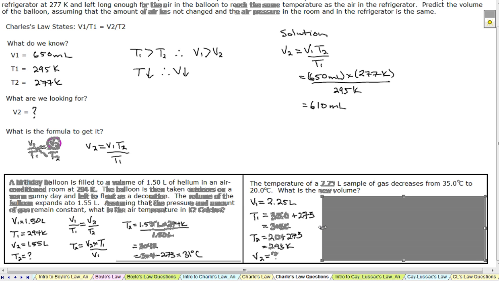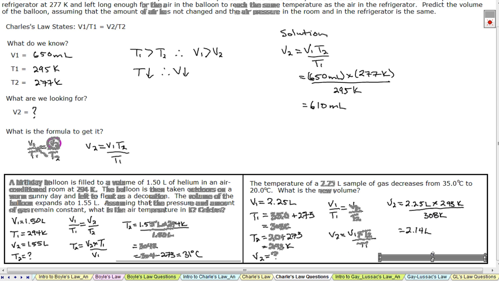We know it is decreasing, so we should get our volume getting smaller. Identify the relationship, then identify the equation that will solve for our answer. And there we go. V2 is 2.25 liters times 293 Kelvin over 308 Kelvin, and we get 2.14 liters, which is less than our initial volume.